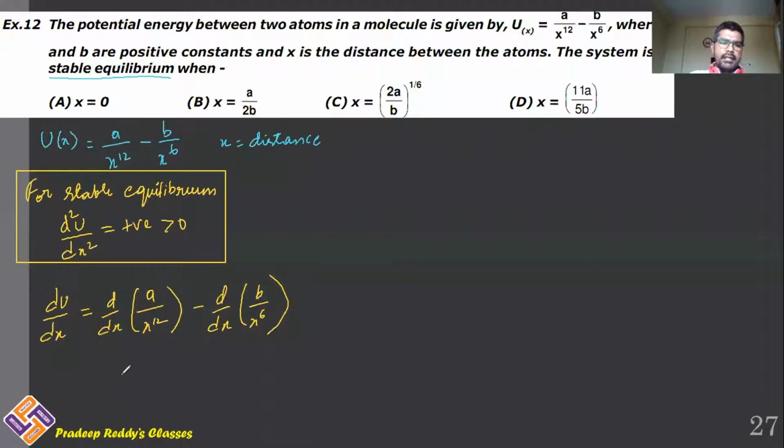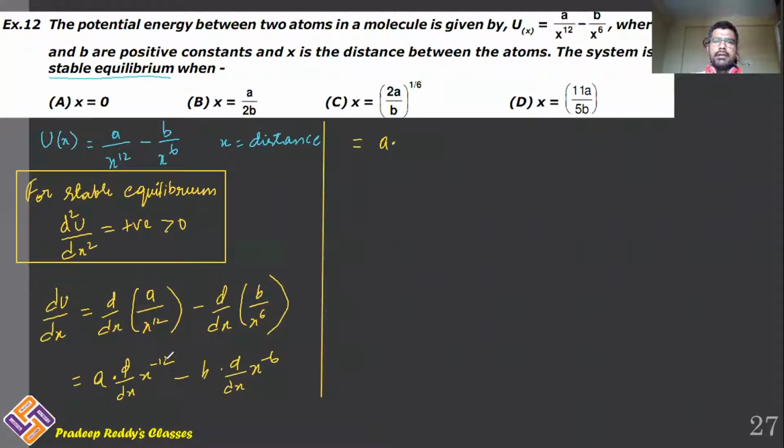A is constant, I can bring it out, and this is d by dx of x power minus 12, minus b is constant and d by dx of x power minus 6. I can differentiate this using d by dx of x power minus n is minus n into x power minus n minus 1.